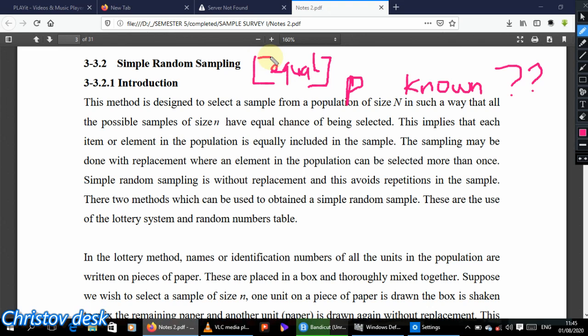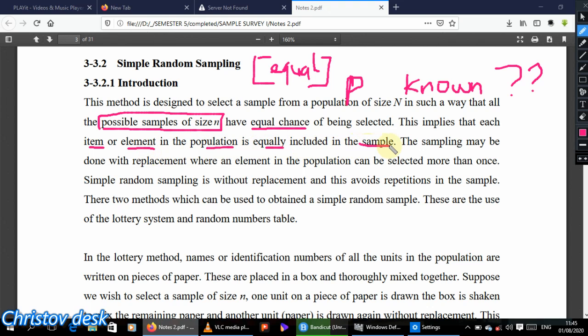So here there are two definitions. This method is designed to select a sample from a population of size n in such a way that all possible samples of size n have equal chance of being selected. This implies that each item or element in the population is equally included in the sample.